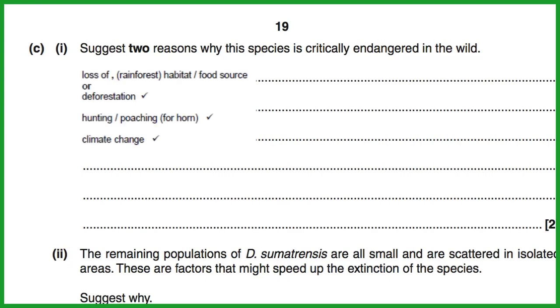The loss of rainforest, because the habitat has been cut down through deforestation. The loss of food in the rainforest habitat, or alternatively climate change. So all of these are suggestions as to why this species could be critically endangered in the wild.